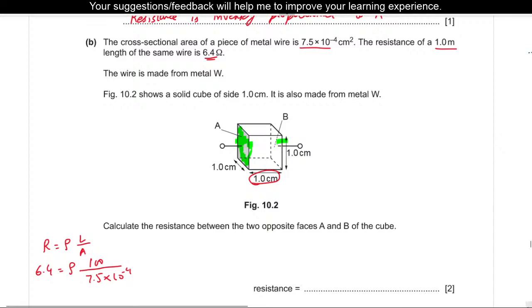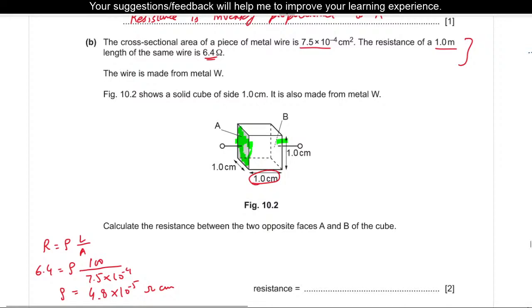So from here we will calculate resistivity, and it will be 4.8 into 10 raised to the power minus 5 ohm centimeter.